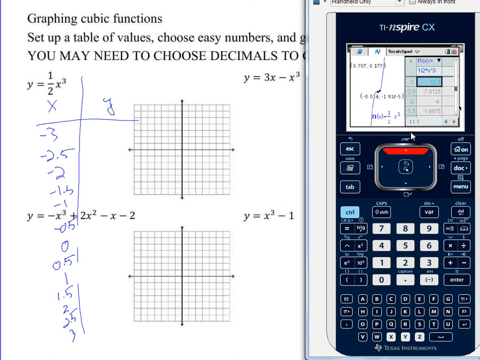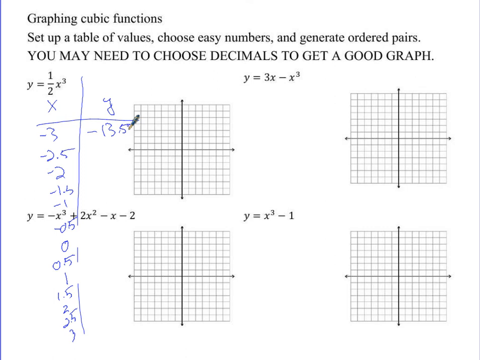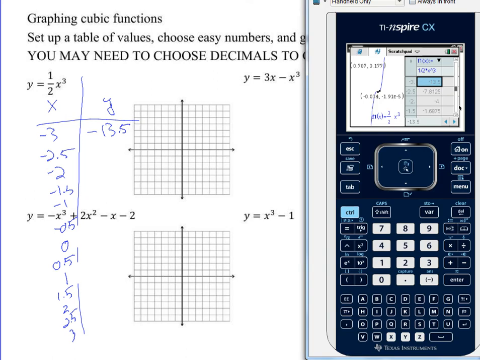There's my -3. So I write down all these values in my table. -3 is -13.5. -2.5 is -7.8. -2 is -4. -1.5 is -1.7. On your graphs, you're not going to be that accurate, so you don't need to worry about all these decimal places that you're getting.